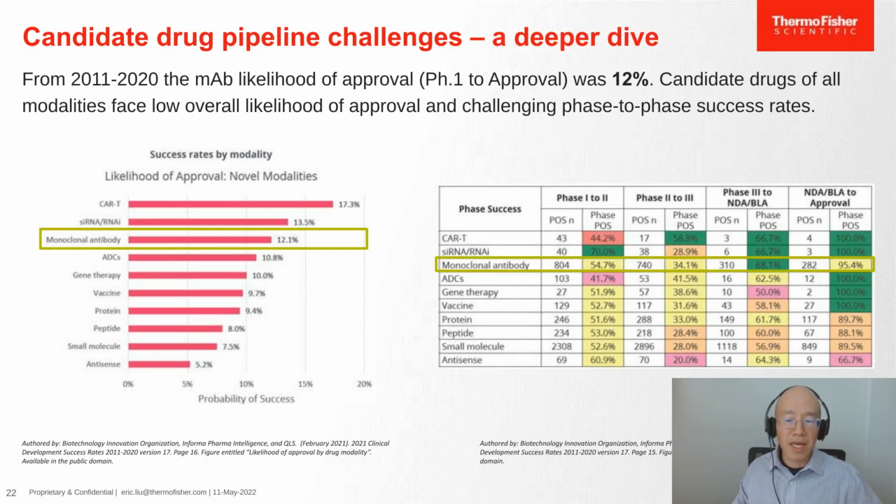Before we get into the mechanisms to accelerate early development timelines, we ought to understand the headwinds facing a candidate monoclonal antibody molecule and understand why a healthy pipeline and urgent timeline are both critical.